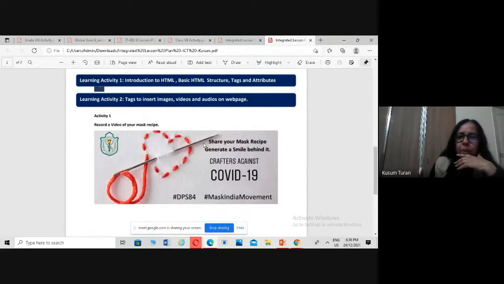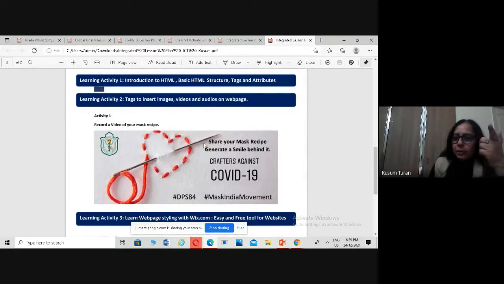Many reusable masks were being made, they had to be reused, and their disposal was also an issue. So I told them to look for a recipe which is reusable and should not be disposed of easily, so that we don't have this problem of disposing masks.